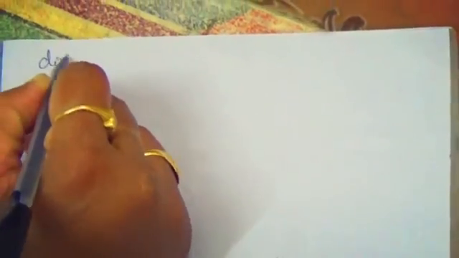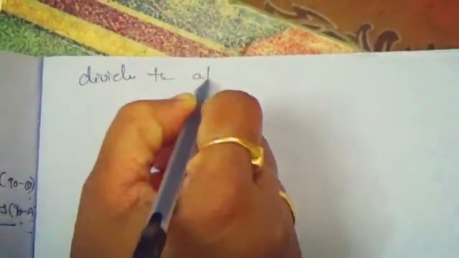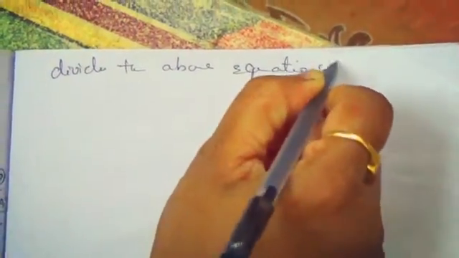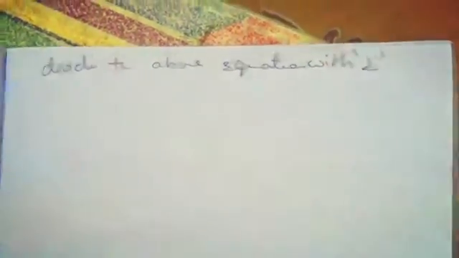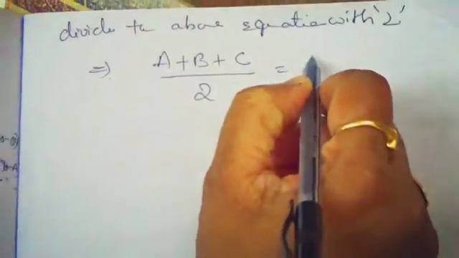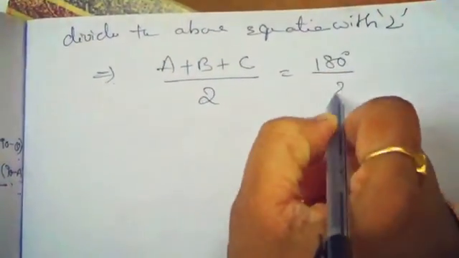So now divide the above equation with 2. That implies (A plus B plus C) by 2 is equal to 180 degrees by 2.